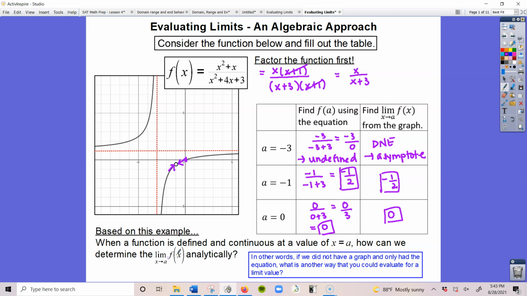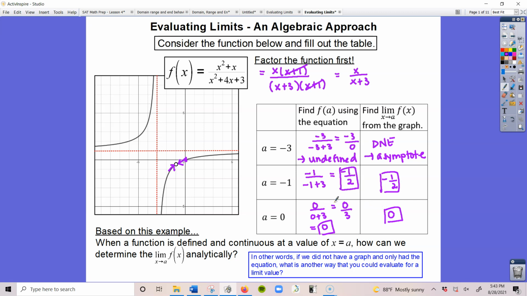So that leaves me with this question. When a function is defined and continuous at a value of x equal to a, remember that here it's undefined at that particular value, how can we determine the limit as x is approaching a of f of x analytically? Analytically just means using the equation. So if I look here, if I plugged in that a value, I was able to get the same as the limit value.